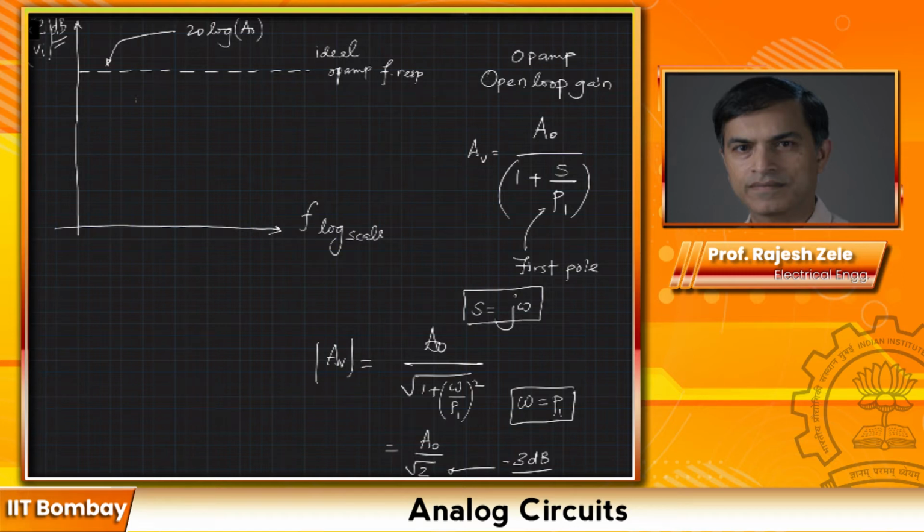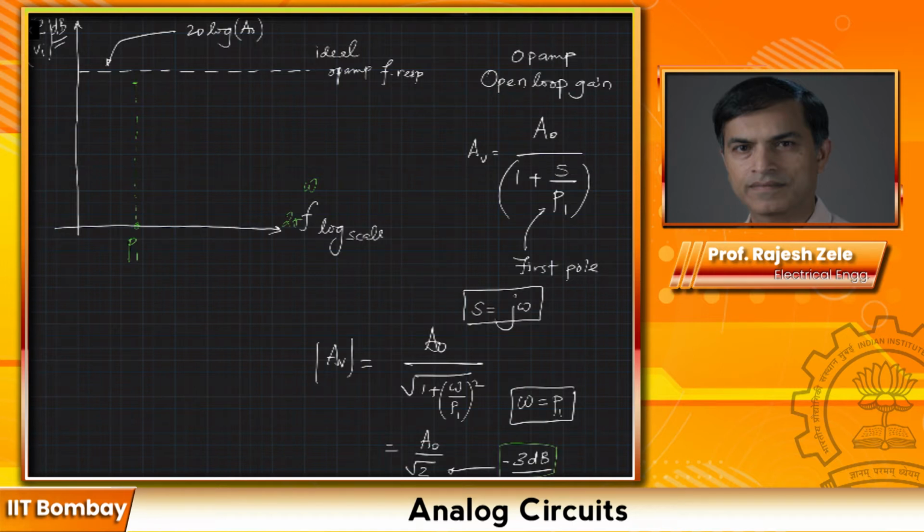So with pole location at frequency P1, the op-amp response is going to look like this. Let's say this is where that pole location P1 is. The key thing to note here is we should make this as omega, which is 2 pi f. Otherwise, you have to bring in 2 pi everywhere.